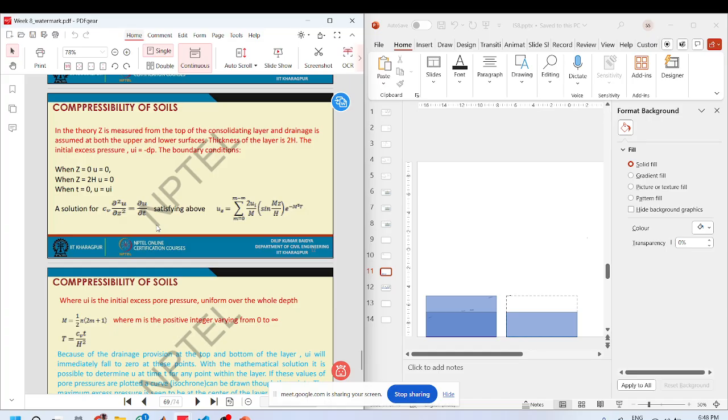Basically, this is a flow equation. You might read in your books that this is similar to the heat equation.